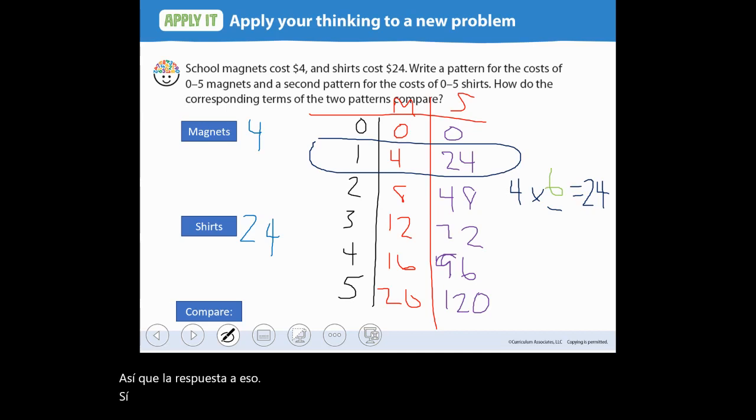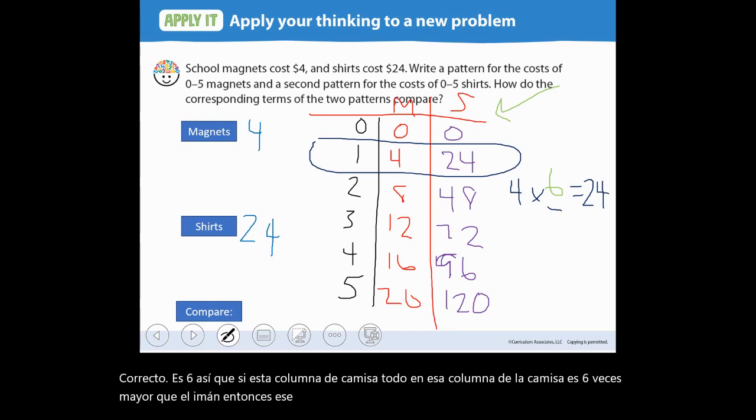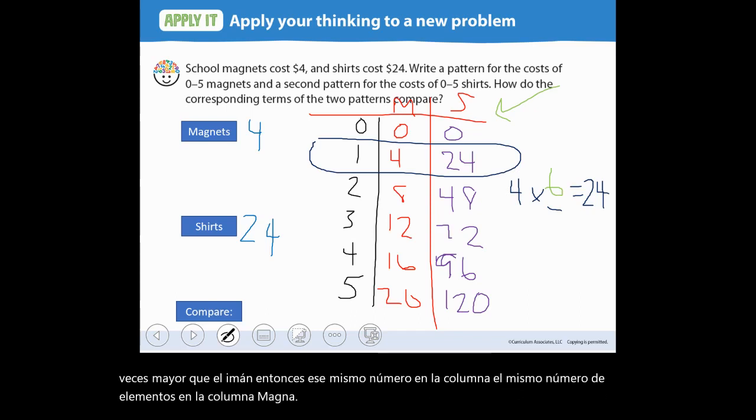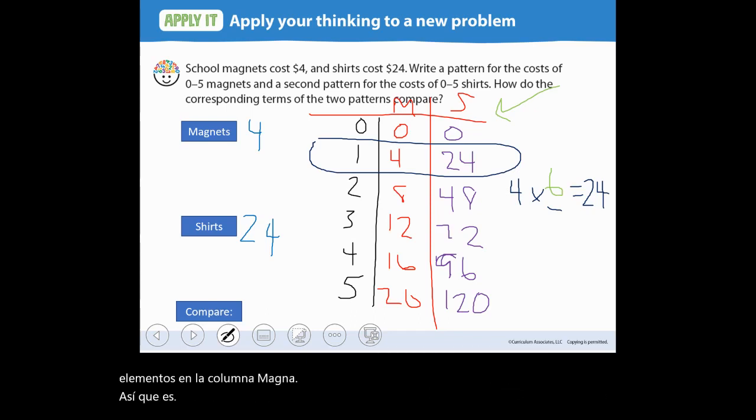So everything in the shirt column is 6 times greater than the same number of items in the magnet column. If we were to compare it, we would say that the shirt pattern is six times greater. The corresponding term is 6 times greater.